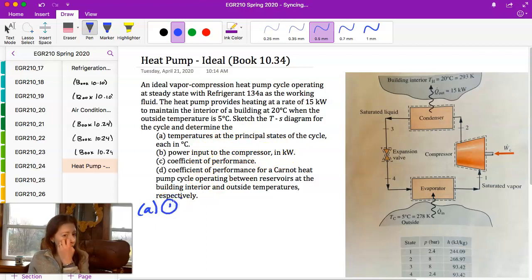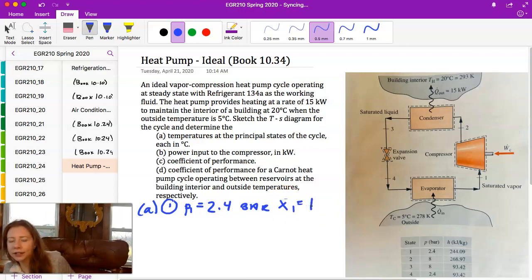And actually, while we do that, I'm going to go through and just take down the enthalpies and the entropies as well. Actually, I'm not even going to write down the enthalpies since they're in that table. So knowing that P1 is 2.4 bar, here X1 we find is going to be 1.